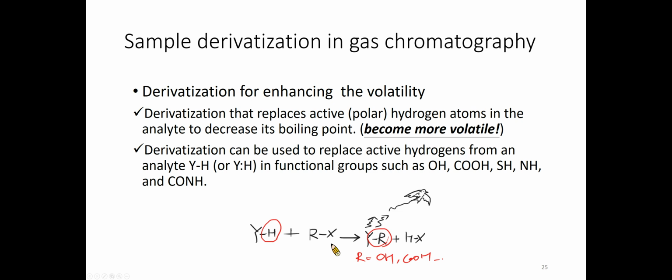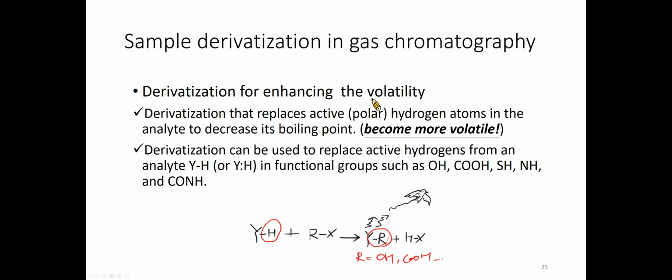In the following slides, we will talk about sample derivatization in gas chromatography. There are several purposes of applying sample derivatization in gas chromatography. The first one is to enhance the compound's volatility, as GC is more compatible with volatile analytes.